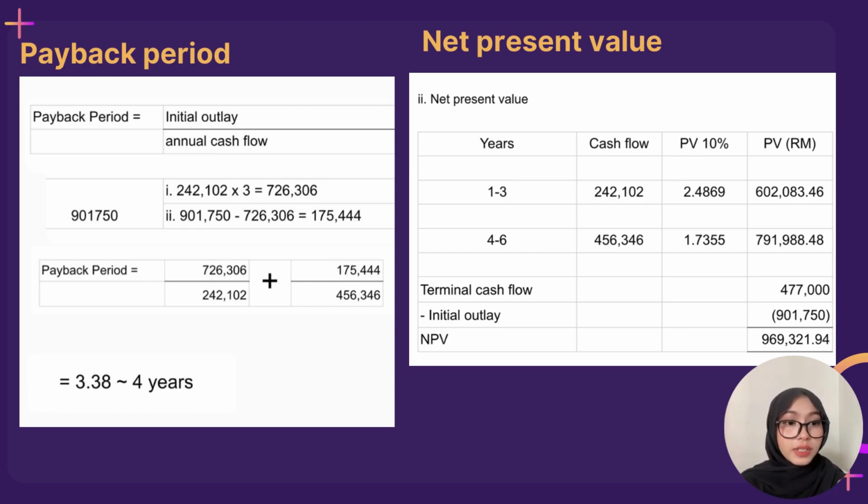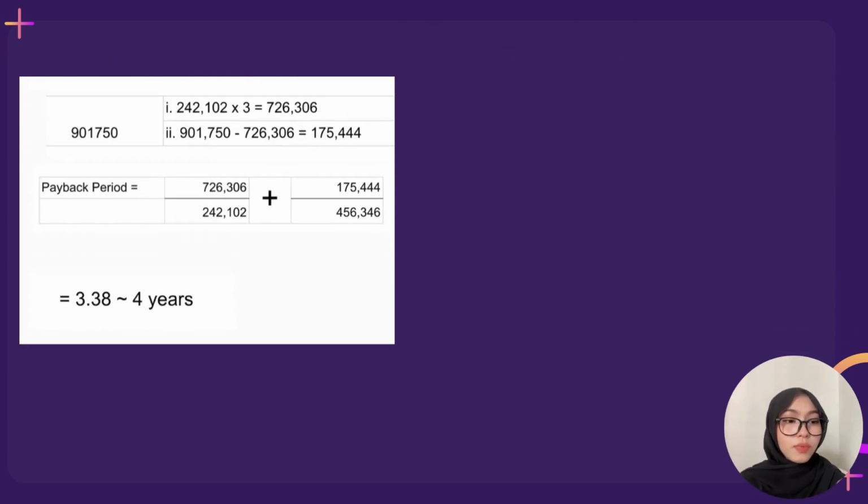For year 4 until year 6, the cash flow is 456,346, and the present value is 1.7355, and the answer is 791,988.48, and we plus with terminal cash flow, which is 477,000 from previous slide, and we minus with initial outlay, which is 901,750, and the answer for net present value is 969,321.694.